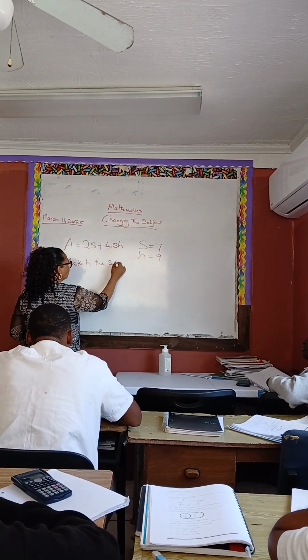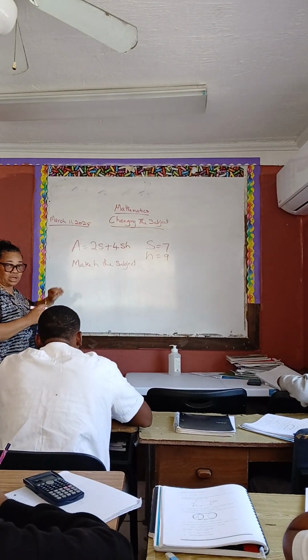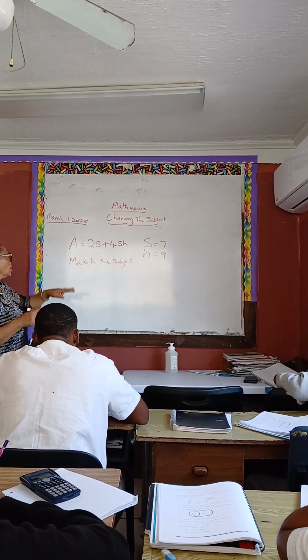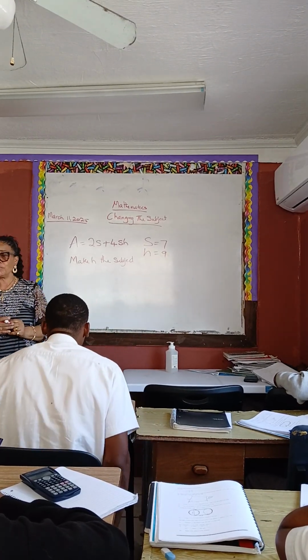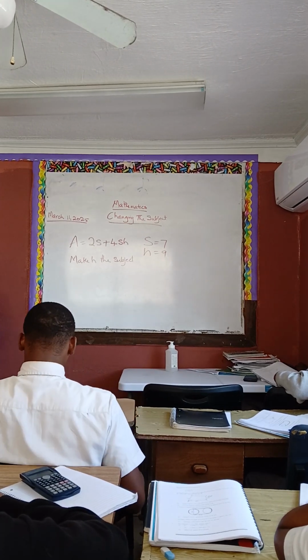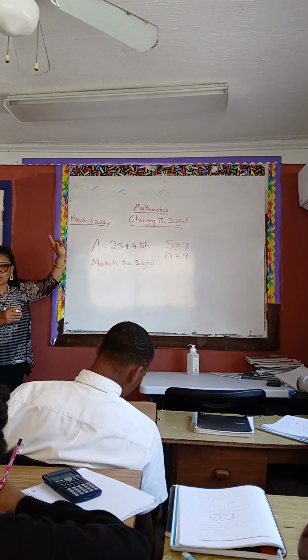So in other words, H, just like how A is over here, A equals 2S plus 4SH. This time, H is going to be equal to something. Now let's see what H is going to be equal to. What is H going to be equal to?